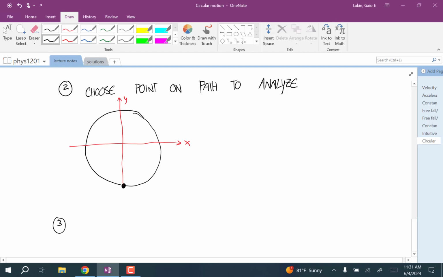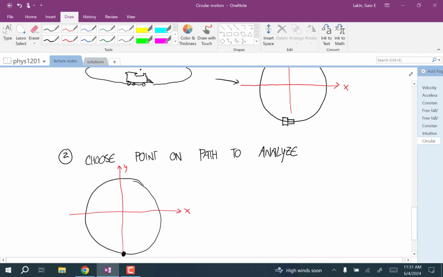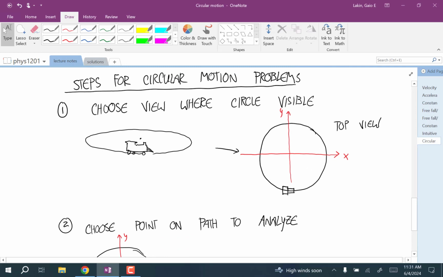Third, draw the velocity vector. So if we're looking at this point, let's say that this is slowing down and it's going around this way.